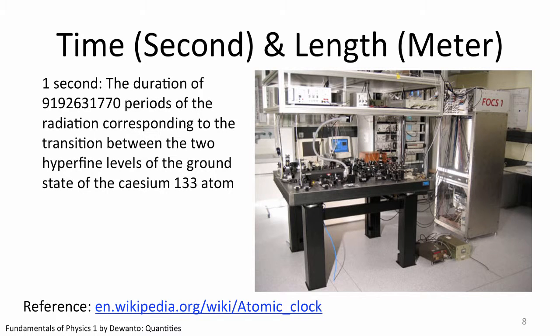Even more amazing is how scientists or precision engineers define time and length. What is a second? Well, it is defined to be the amount of time taken for a cesium-133 atom to undergo 9,192,600 and whatever.